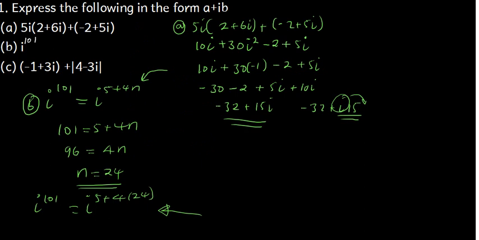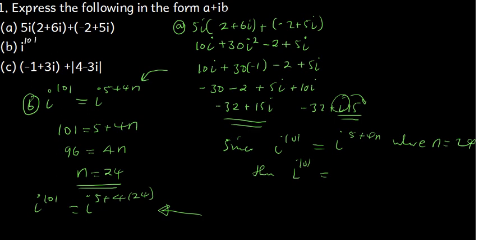So what you say is, since i to the power 101 is equal to i to the power 5 plus 4n, where our n is equal to 24, then i to the power 101 is supposed to give us what?